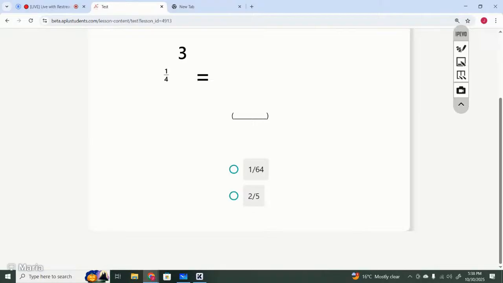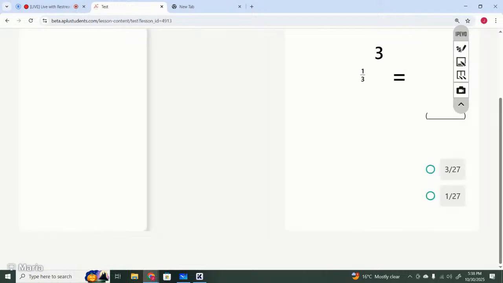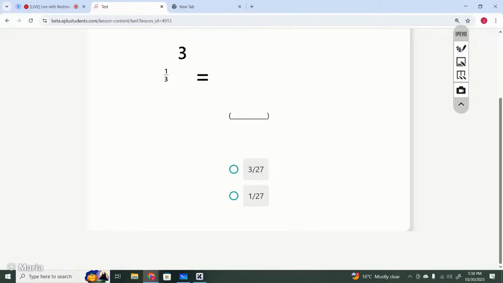1 by 4 exponent 3. That is 1 by 64 it is. 1 by 3 exponent 3.